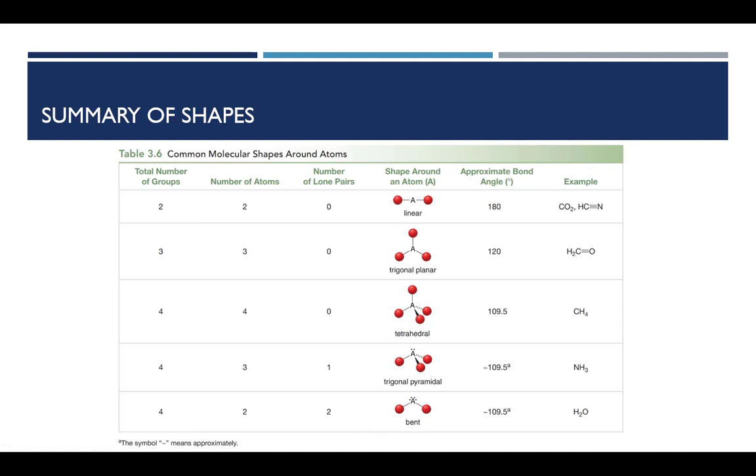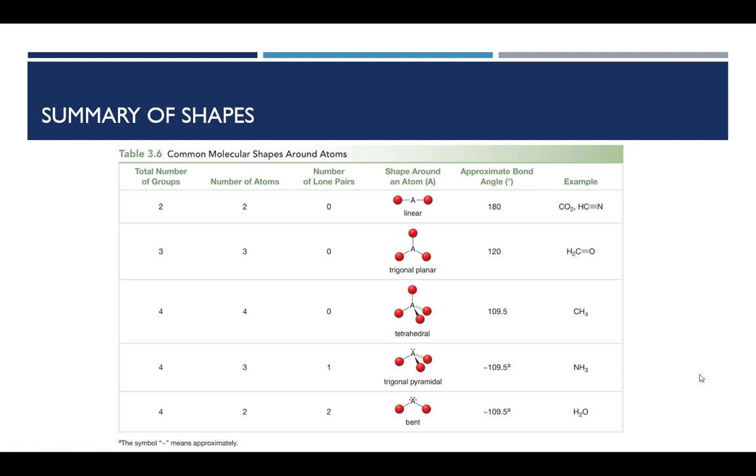You can get bent also when there are 2 atoms and only 1 lone pair. So that normally would have appeared here in the table. That would have been 3 groups, 2 atoms, 1 lone pair. And that would have been bent, but with 120 degree angles. None of the molecules you're going to see today, however, will be that form of bent. They're going to be one of these 5 right here.